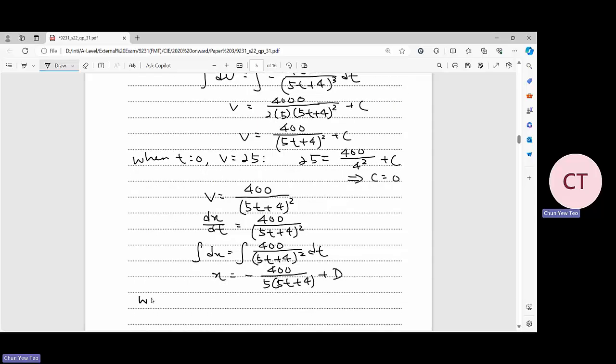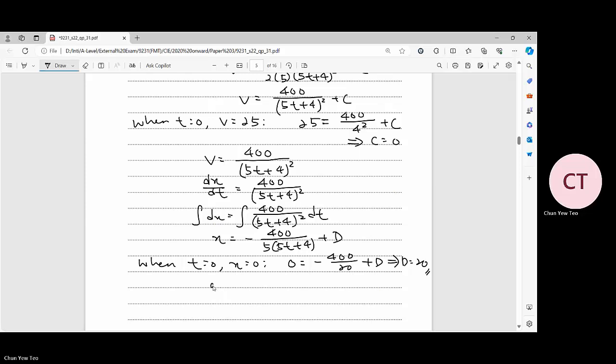Then when t is equal to 0, x is 0. So you will get negative 400 divided by 20 plus d. So d will be 20.